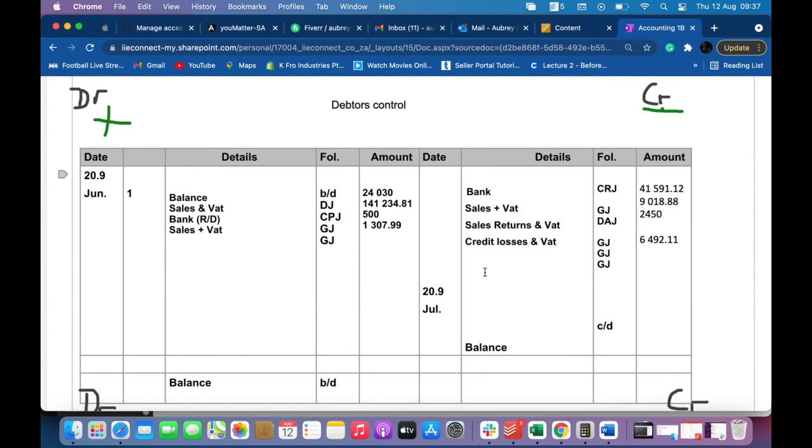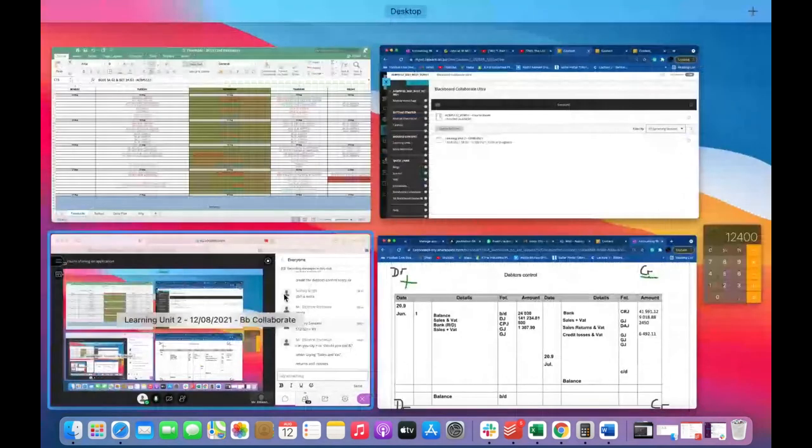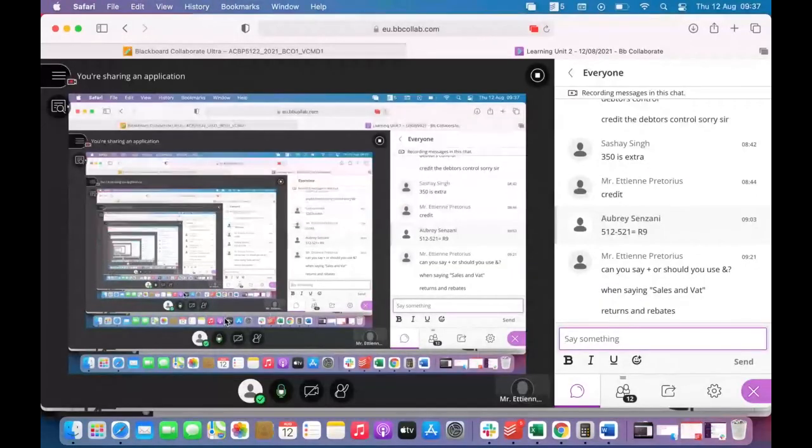It says cash recovered from a debtor previously written off as credit losses. Now, somebody tell me right quick, should this be going in your debtors control or your creditors control? Cash recovered from a debtor previously written off as credit losses.